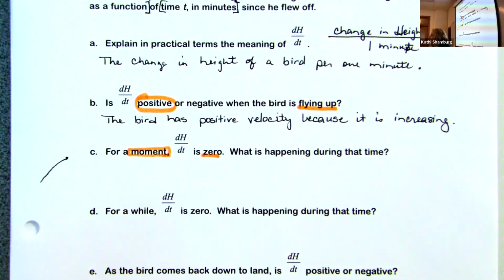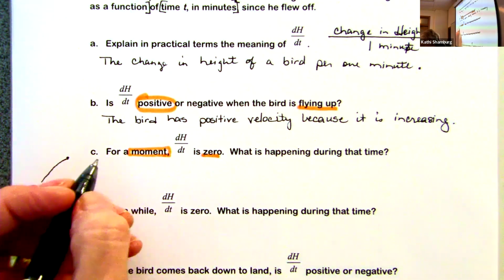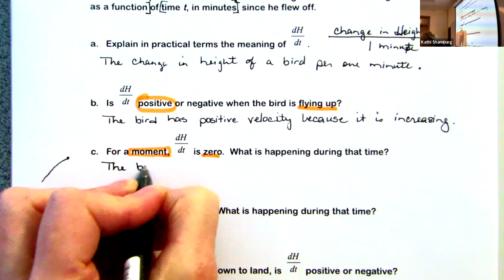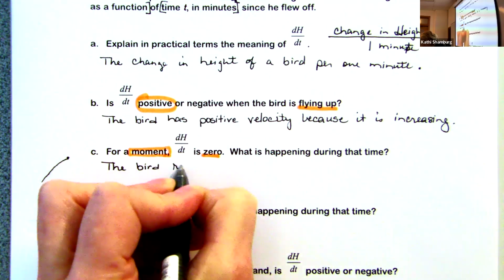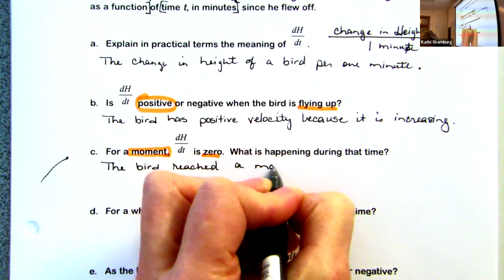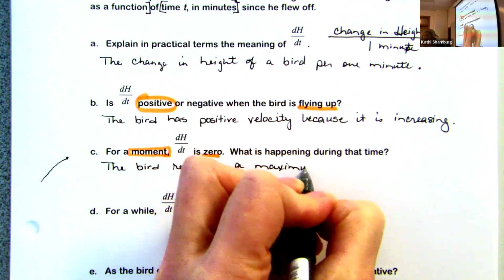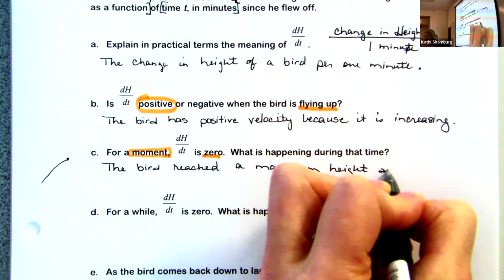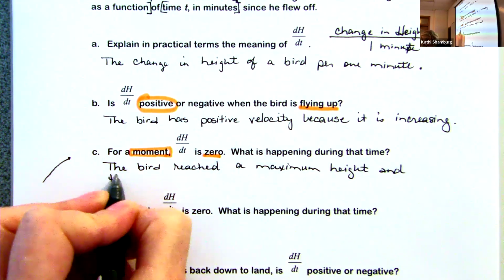What do we call that? The max. So the bird reached a maximum height and then changed direction.